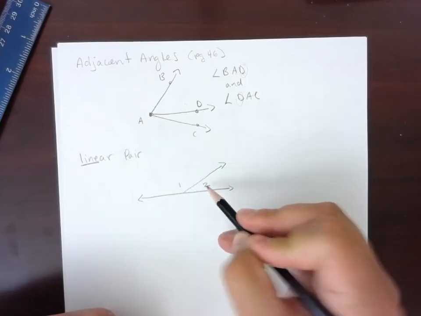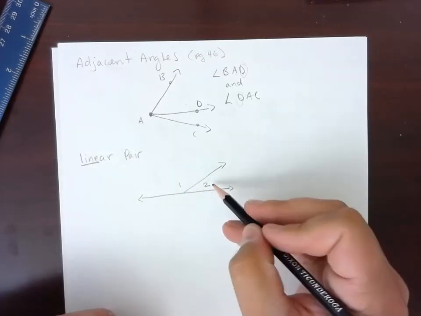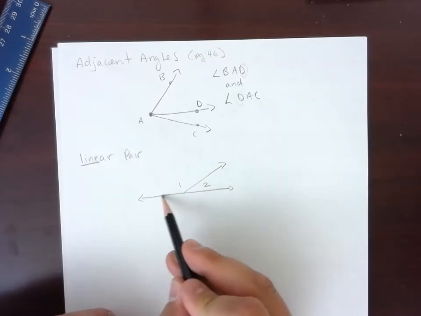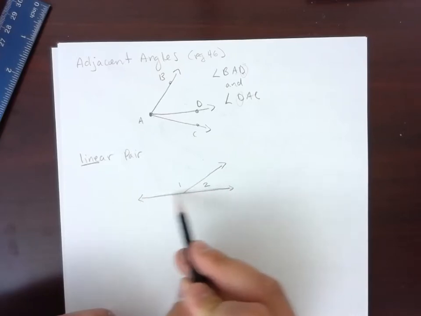So if I had these two angles, angle 1 and angle 2, they would be a linear pair because I have a straight line here. We can consider these opposite rays.